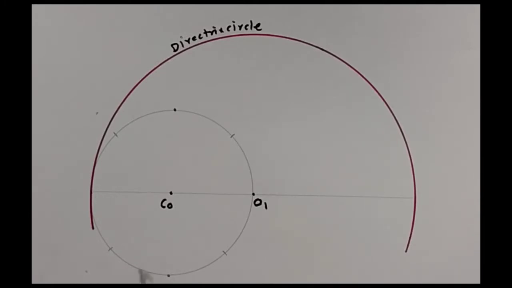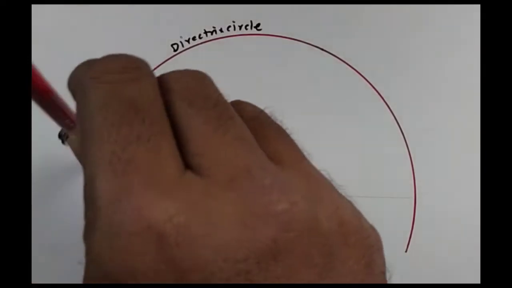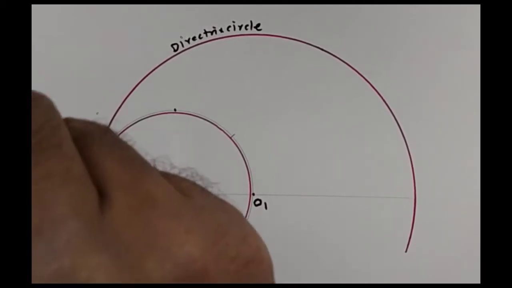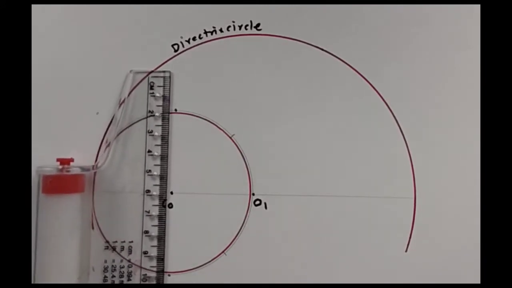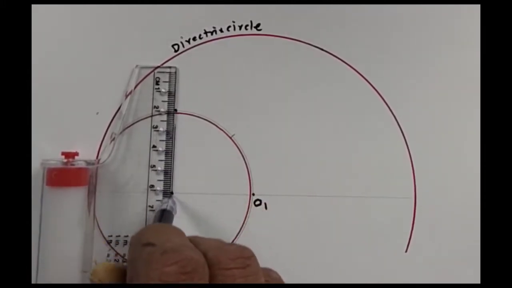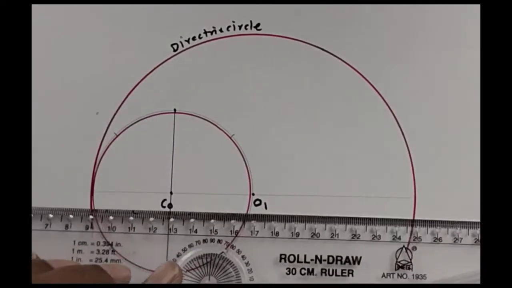At C0 we draw the 40 mm radius circle. Then we divide this circle into 8 parts. So here I am going to divide our rolling circle as usual into 8 parts.